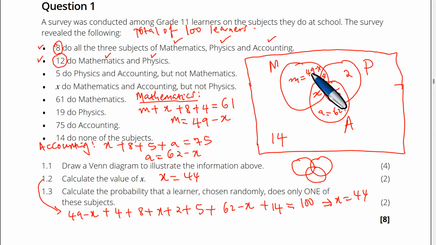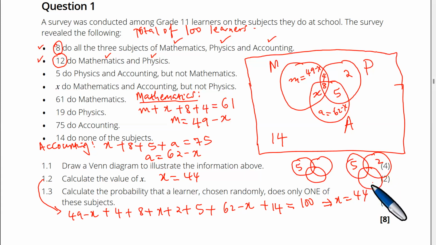So you have 49 minus 44, what do you get? You get a 5. Maybe that is a bit too small for me to put the numbers. You'll fail to see. So I was saying just put the 44 in the place of the X. So you have 49 minus 44, you get a 5.